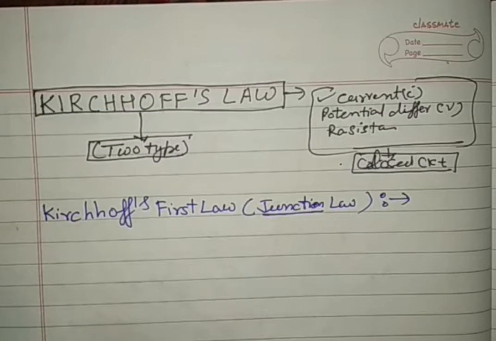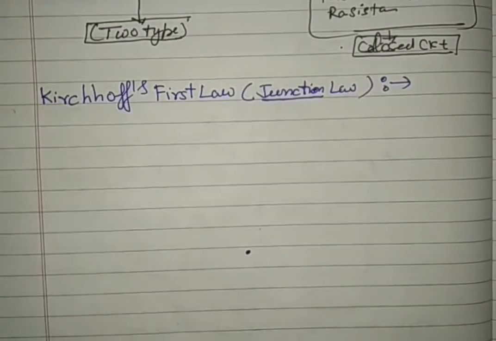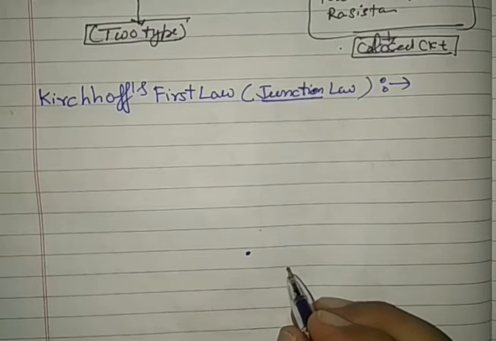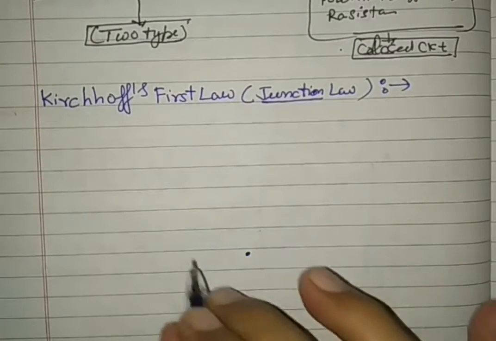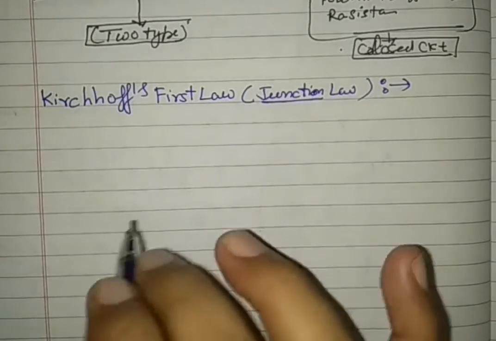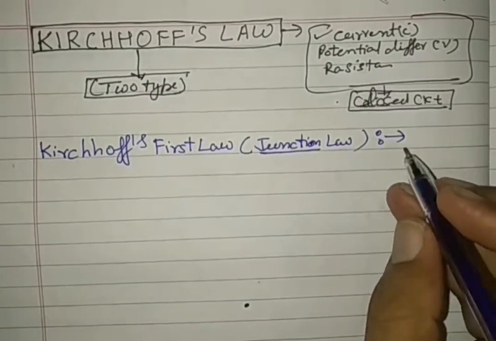This first law speaks that at any junction of a closed electrical circuit, the algebraic sum of all the currents is zero, meaning no current accumulates at the junction.